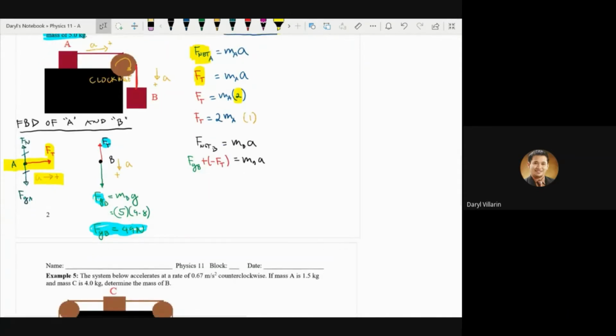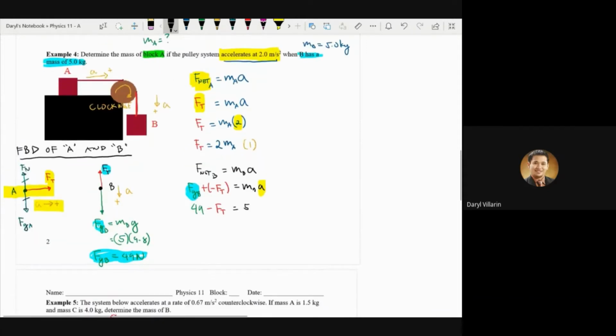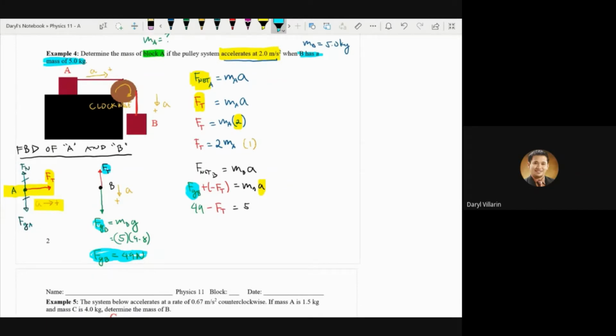So I'm just going to substitute anything that I have. So Fgb, I was able to compute for the weight of object B as well as A is given. So Fgb is 49 minus Ft is equal to MB, which is given as 5. So therefore, I also have the value of MB, which is 5 kilograms, then multiplied by the value of A of 2.